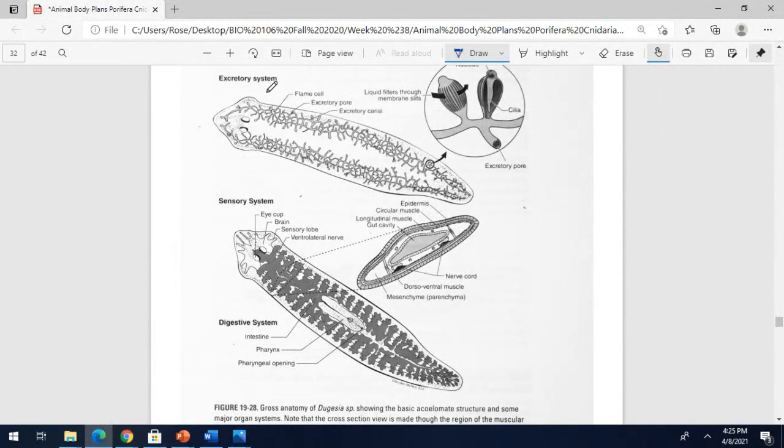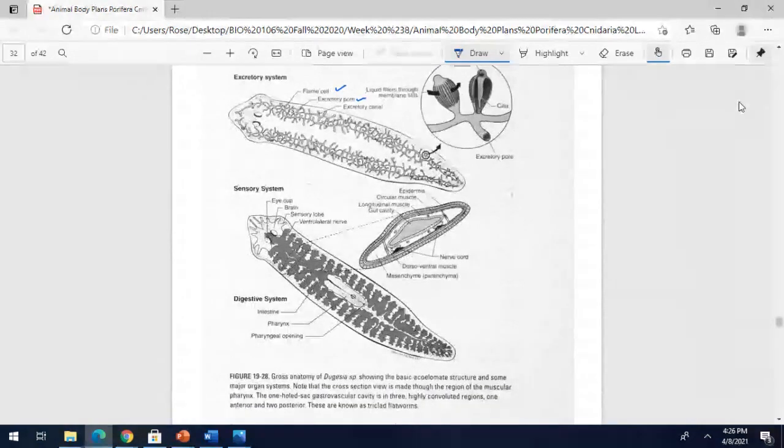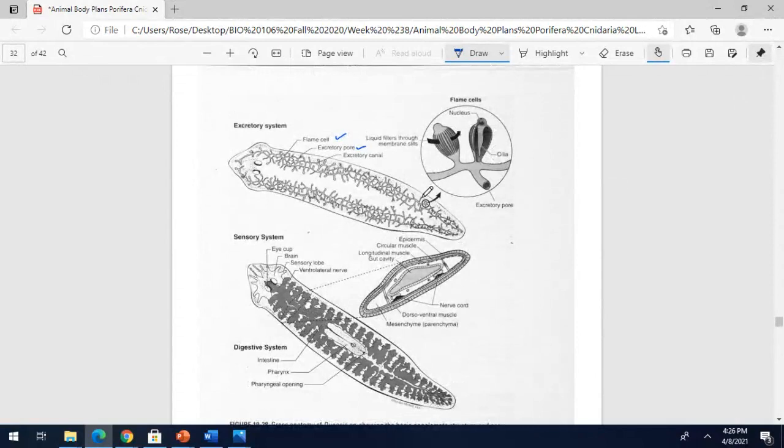This is the protonephridial system where it gets rid of nitrogenous waste. You see what looks like a network of flame cells. You need to know the flame cells. It gets rid of its nitrogenous waste through an excretory pore. And here you see the flame cells in a more exaggerated view. So this is the excretory system.